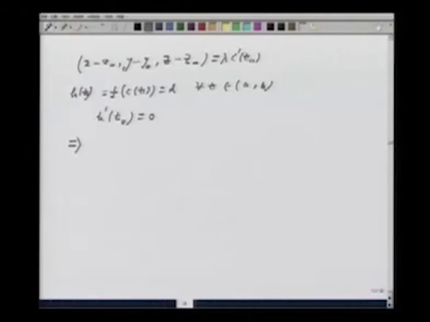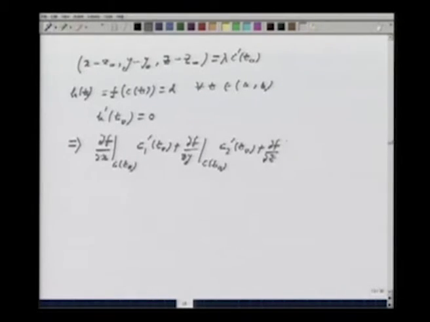By chain rule then what I get is del f del x at C(t naught) times c1 prime t naught plus del f del y at C(t naught) times c2 prime at t naught plus del f del z at C(t naught) times c3 prime t naught equal to 0, where what are these c1, c2, c3?